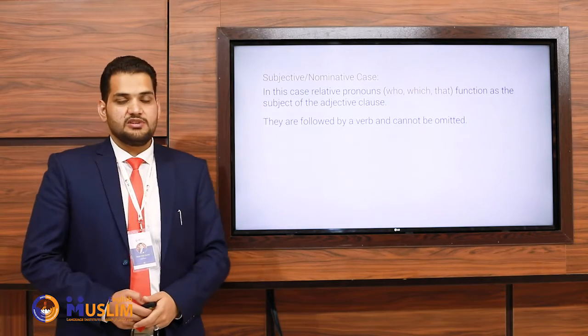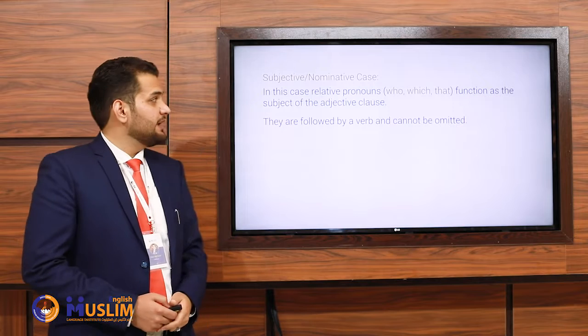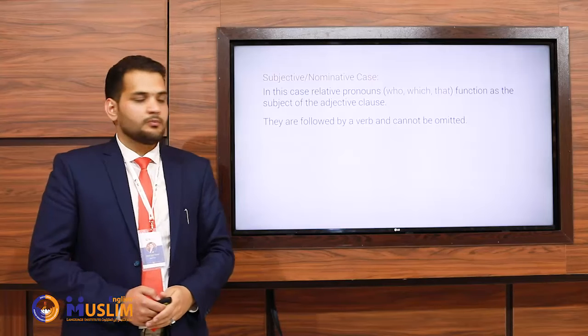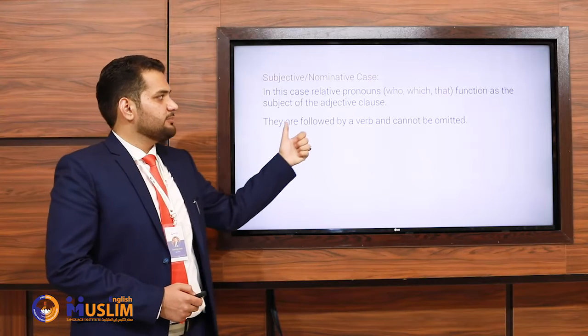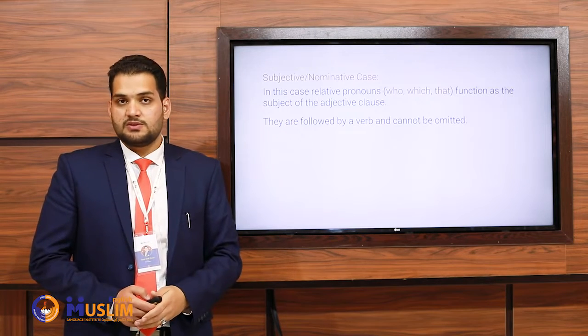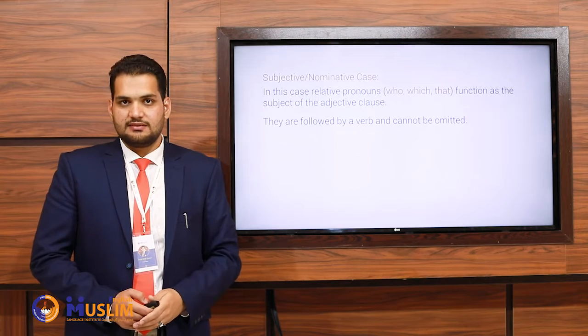The first one is subjective or nominative case. In this case, relative pronouns, only 3 relative pronouns, who, which, and that, function as the subject of the relative or adjective clause. They are followed by a verb and cannot be omitted, because we cannot omit the subject of a sentence.